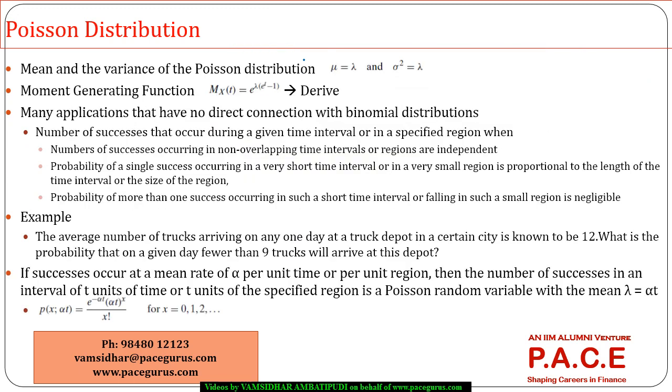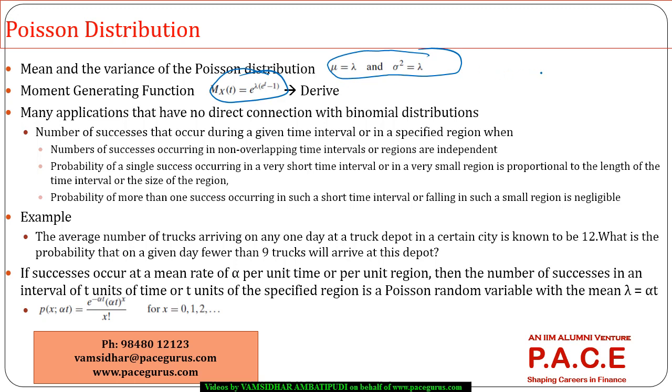So now we have solved the probabilities associated with the Poisson distribution. Then we are also looking at the mean and the variance. This is one distribution which has the same value for the mean as well as the variance. Both of them are lambda. The moment generating function comes out to e to the power of lambda into e power t minus 1.